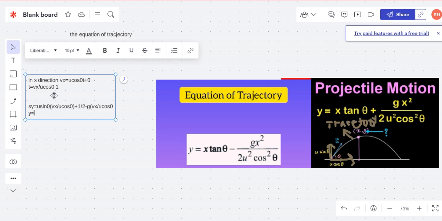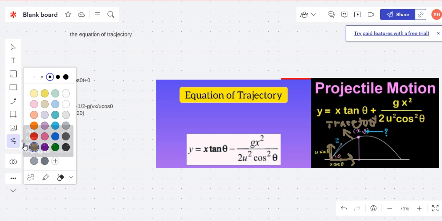So the formula will be something like this: x tan theta minus g x square divided by 2 u square cos square theta, and then the bracket closes, right?